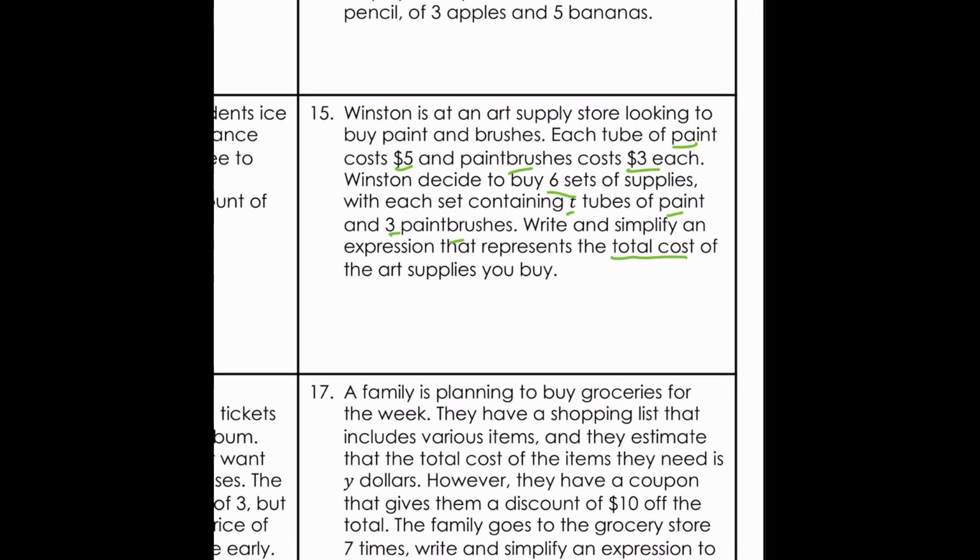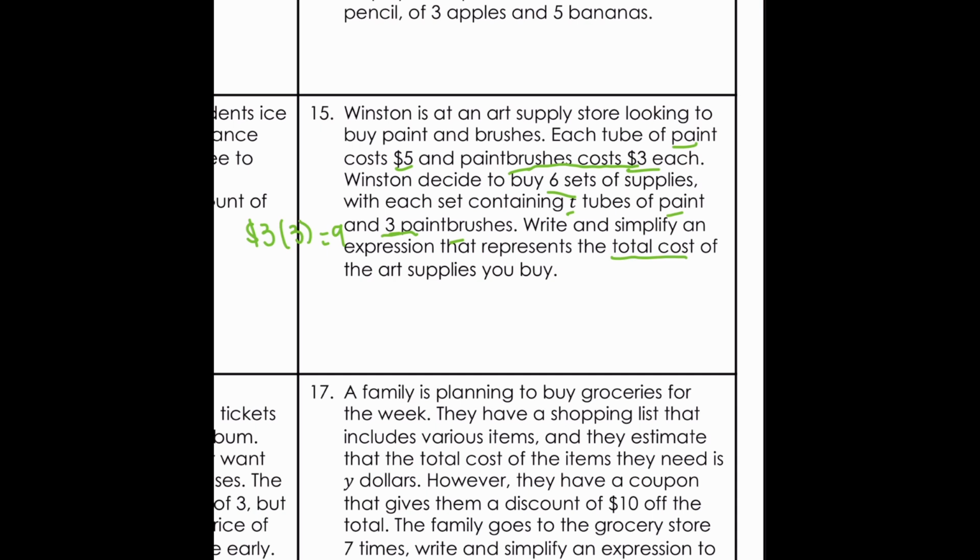Paintbrushes cost $3 each. And they want to buy 3 of those. So I need to figure out that cost. Okay, well, if the paintbrushes are $3 each and they want to buy 3 of them, that total cost for just the paintbrushes is $9.